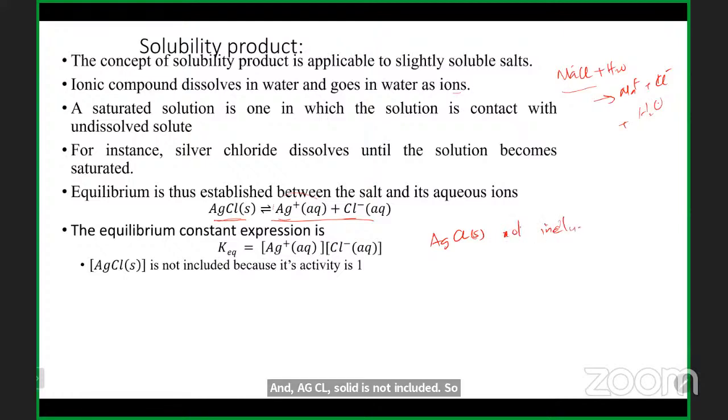Somebody asked the question the other time: it's not included because its activity is 1. In general, solids and liquids have activity that is constant, so it's not varying.